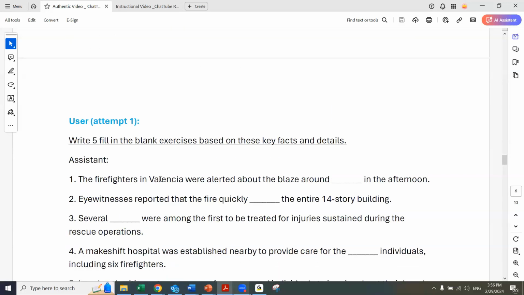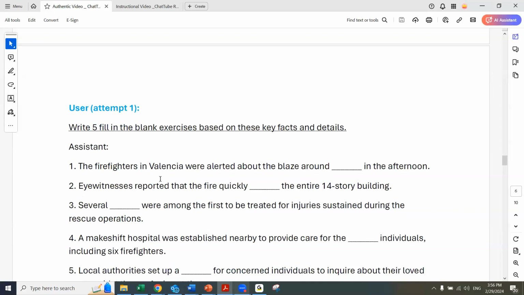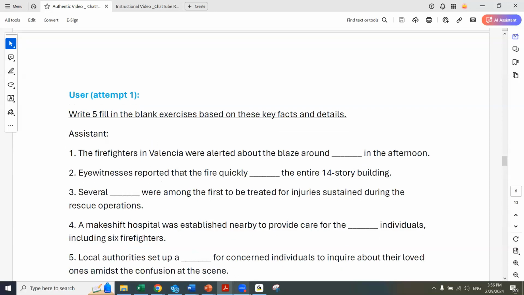So this is where I tried to ask for very specific exercises. Before, it was kind of a general understanding or information about the facts and details and key points. And then I tried asking for very detailed ones. So I said write 5 fill in the blank exercises based on these key facts and details.